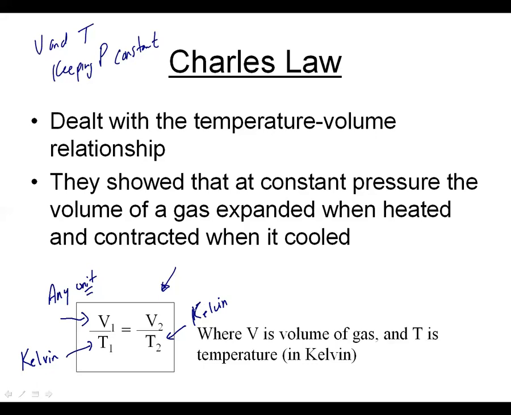And again, to do that, as we just saw, you don't need the 0.15. You take the temperature in Celsius, add 273 to it, and that will get you your temperature in Kelvin. Now, this also applies to problems where they give you the temperature in Celsius and ask for the temperature in Celsius. You still need to convert it to Kelvin.